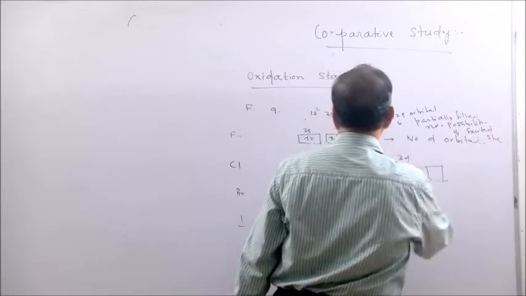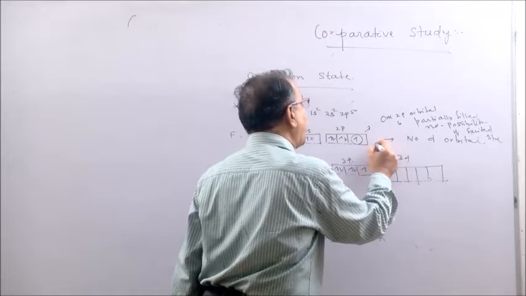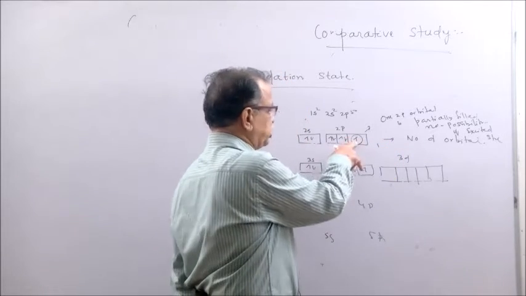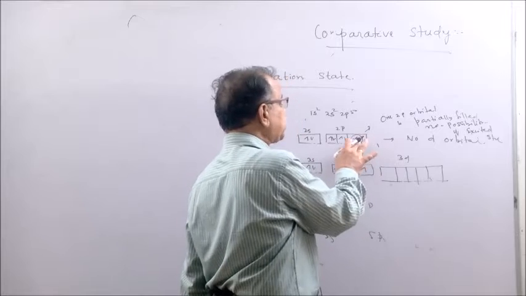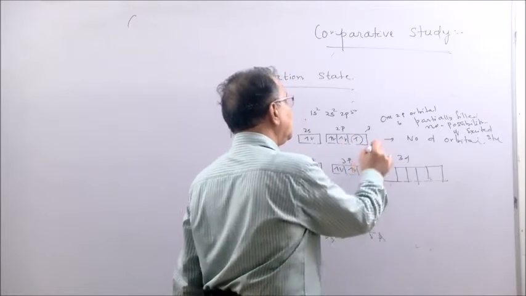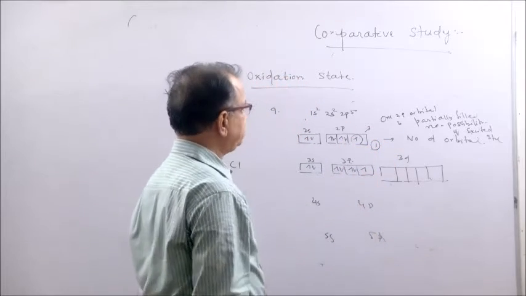So it exhibits only one state. First, it exhibits one, with one partially filled orbital, and that one state is either +1 or -1.